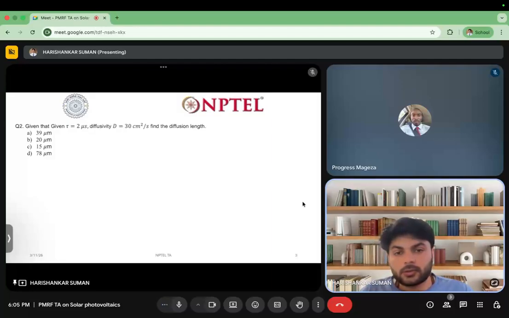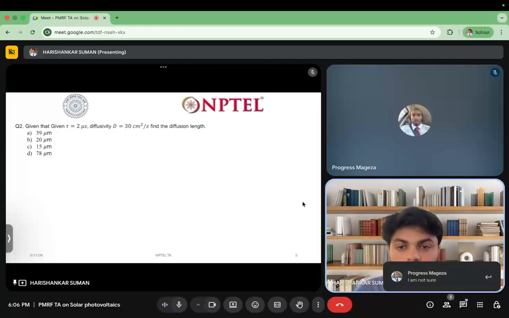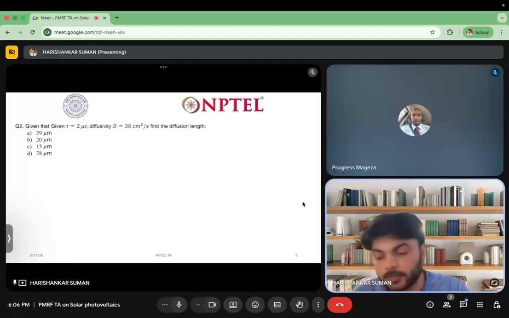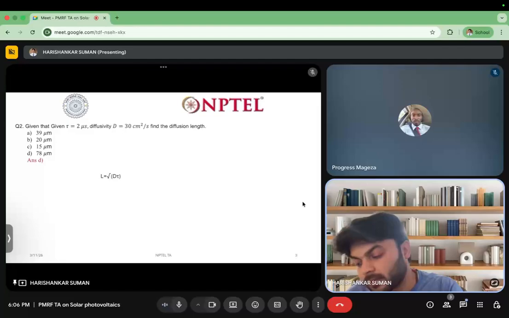Yes, please try to solve this question. Diffusion length, how can you calculate it? Do you know the formula? Okay, L equals under root D into tau. This is the formula. Please try now.